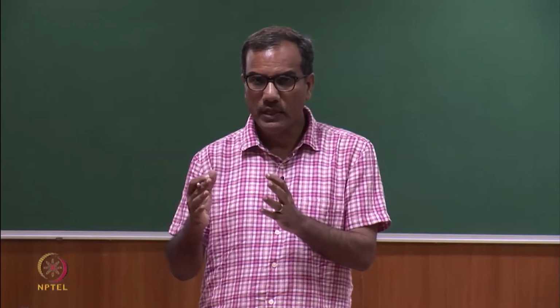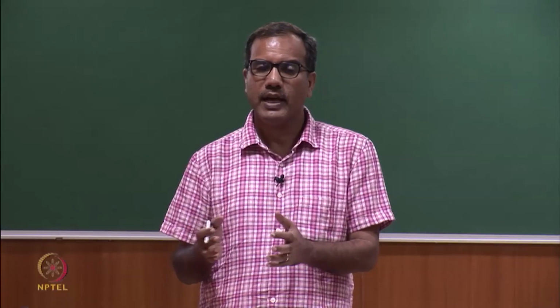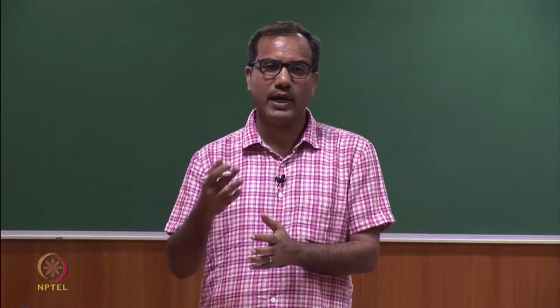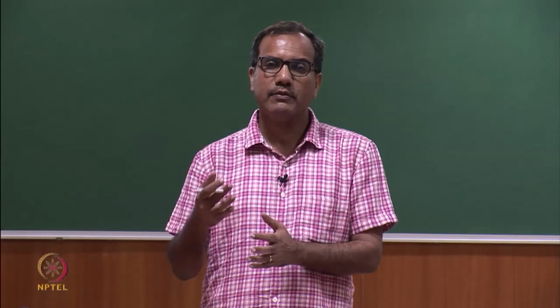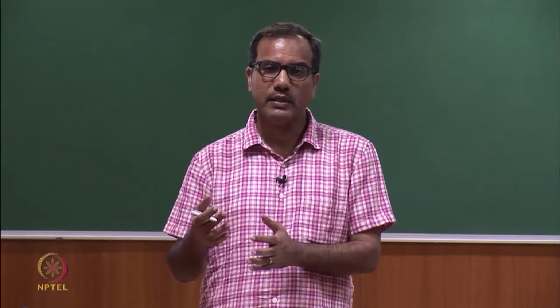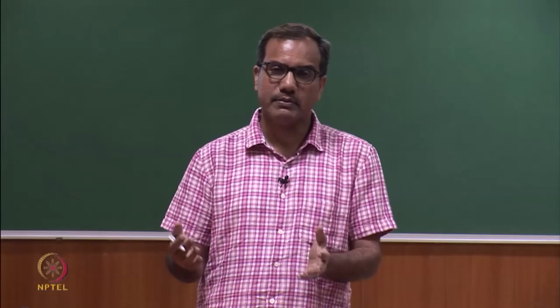Now, you can compare this green one with the FTIR spectrum of original receptor and the red one with FTIR of peptide alone, and then you can know where the shift is, and that gives you an idea about what are the regions in receptor which are involved in binding with the peptide and vice versa.